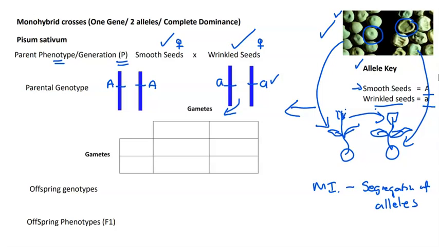And so in this case, half of the gametes will be big A, and half of the gametes here will be big A. Okay, so in fact, together, they're always going to be big A. On the other side, we have the separation of the alleles here. So these pollen grains will have little a, pollen grains will have little a.